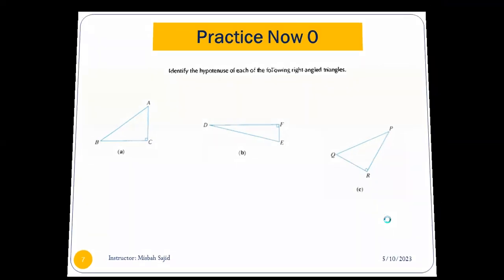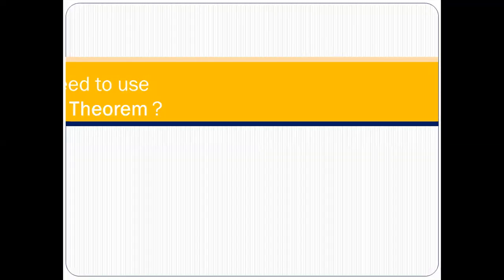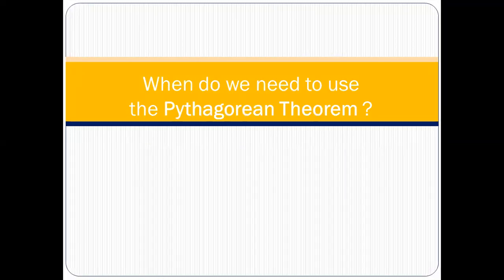Next, when do we need to use the Pythagoras theorem? As I have told you in the first slide as well, we need to use the Pythagoras theorem when there is a right angle triangle. So basically, when to use the Pythagoras theorem or Pythagoras formula?